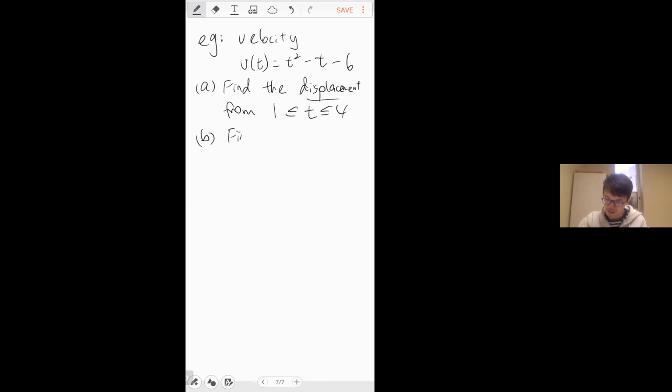Second part is find the distance traveled during the period 1 to 4.